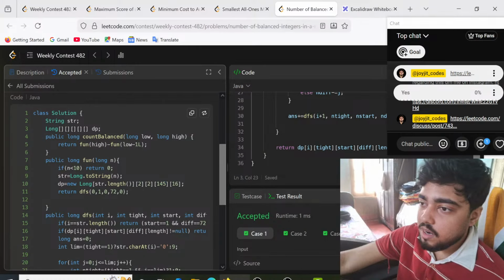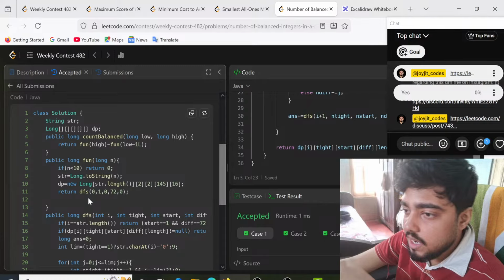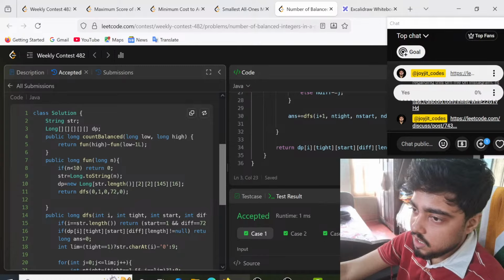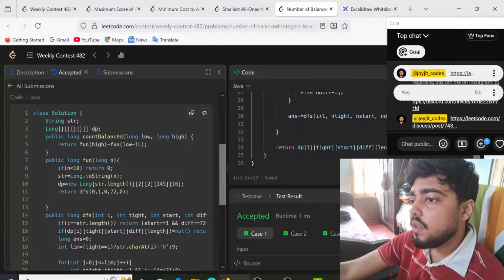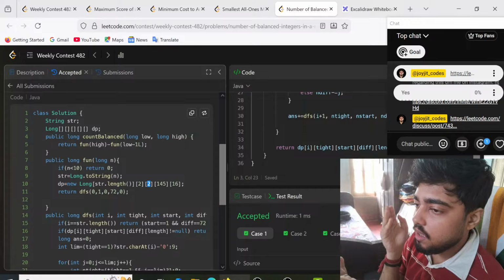Now let's check the initial stages of the DFS. Initially, the length we start from is 0. Initially, it is tight. This was length, type, start. Has it started?